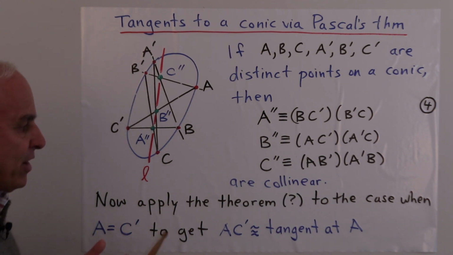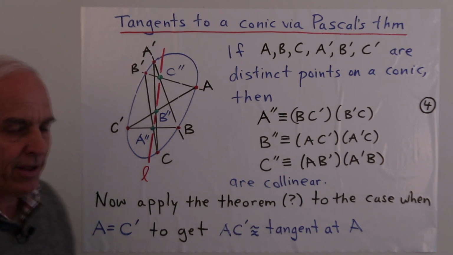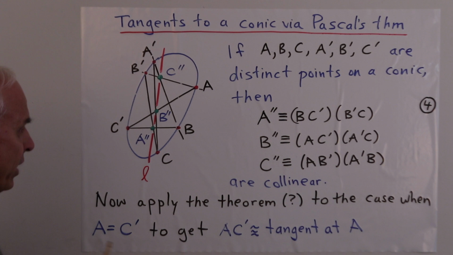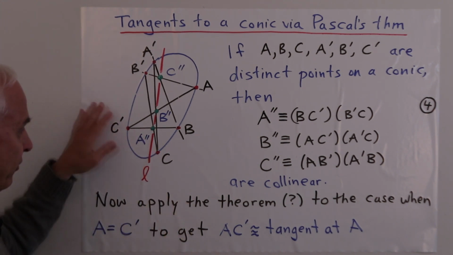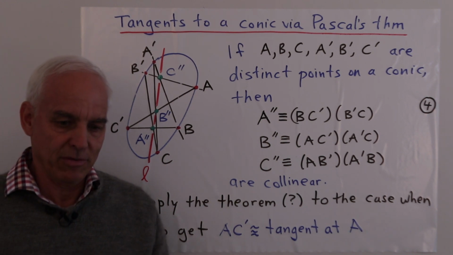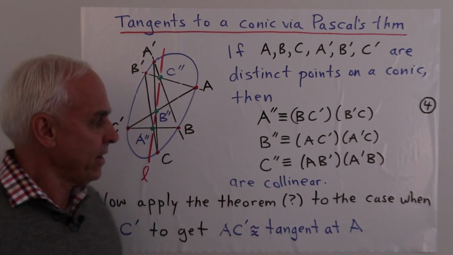So we can think of the tangent being the line AC prime in the special case when A equals C prime. Imagine if we rubbed C prime out and replaced it with A, so A and C prime are the same.